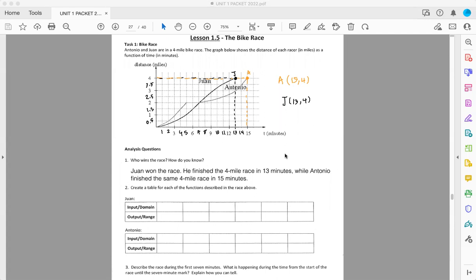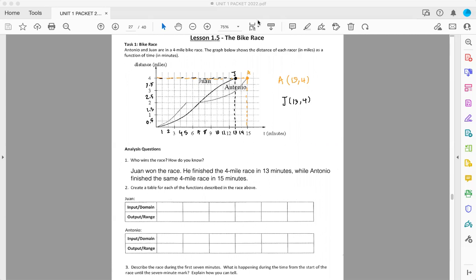Part number two, create a table for each of the functions described in the race. So when you get a question like this, what I want you to think of is always have a plan, always look ahead. So when I'm asked to create a table and I automatically see a table, I try to assess what the table is about. And here I can see that I have 1, 2, 3, 4, 5, 6 spots, 6 columns.